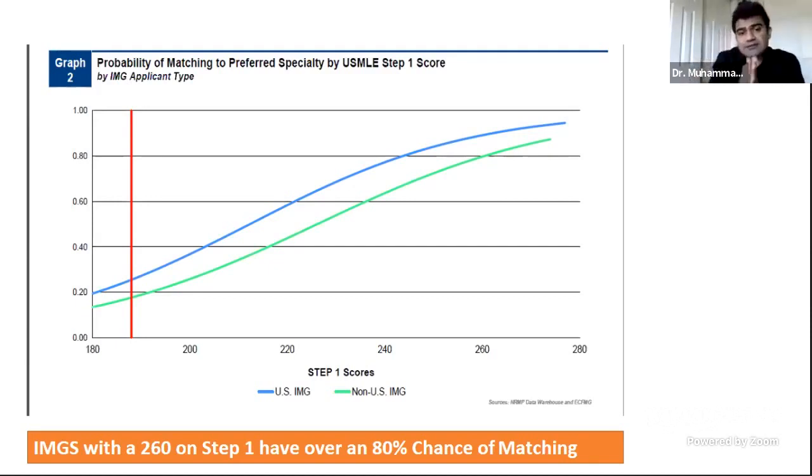If somebody is getting 260 in Step 1, you have an 80% chance to match. It's pretty good, right? It's excellent. You give me an 80% chance to match, I'm going to work hard. So I'm telling you, there is an 80% chance to match if you get to a 250 score. So score matters. Prepare well. Use the right resources.